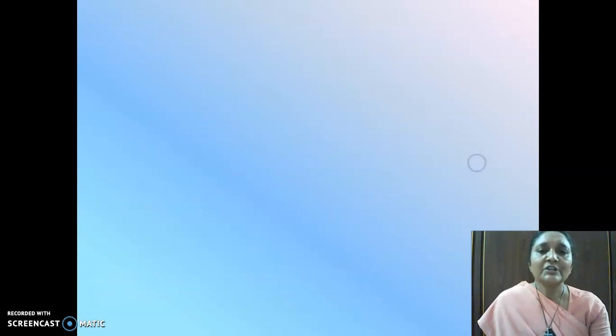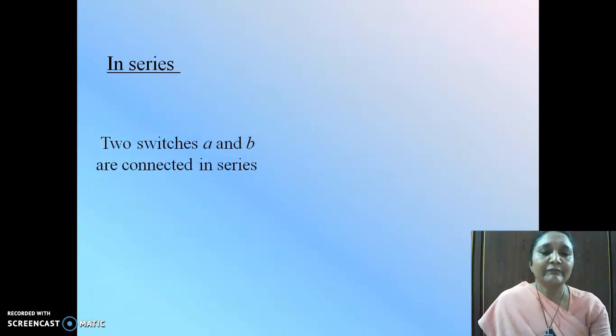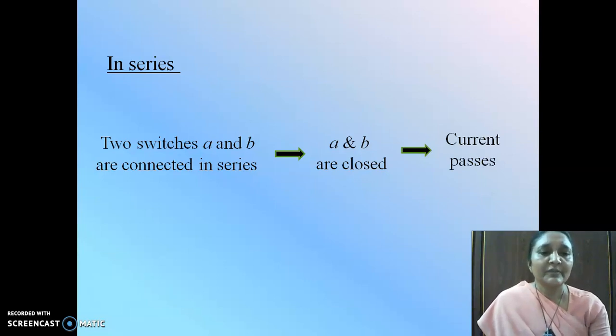We can say two switches A and B are connected in series if both the switches A and B are in a closed state. That is, when A and B are in a closed state, as we have said, the current passes. In such cases, we can say A and B are connected in series.